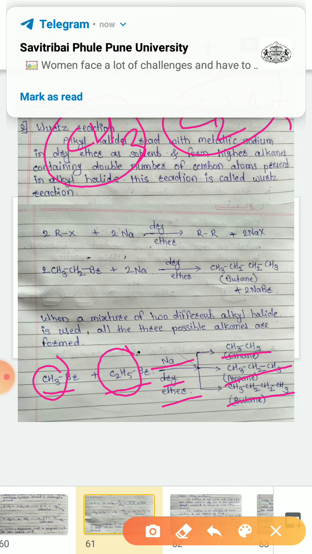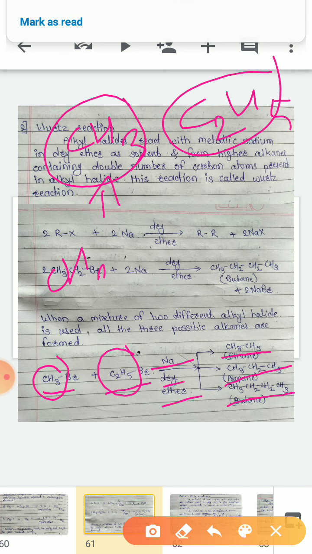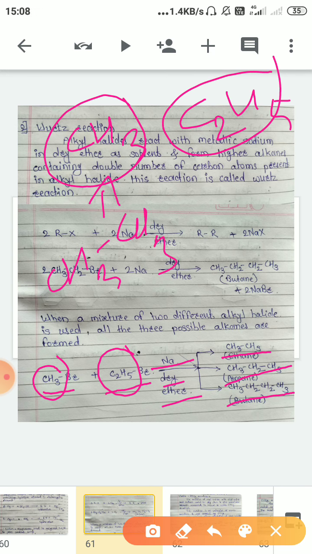In the mixture, a large number of methyl groups and a large number of ethyl groups are present. The methyl groups combine to form ethane, CH3CH3. The ethyl groups combine to form C2H5 C2H5, that is butane, CH3CH2CH2CH3.